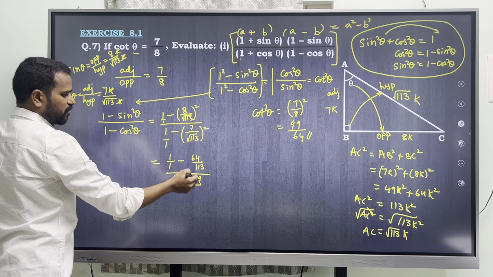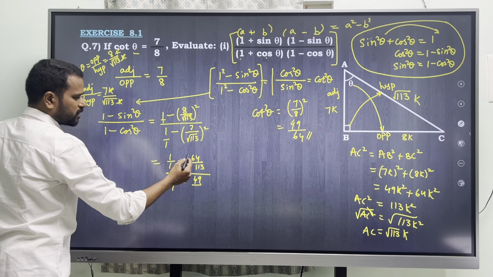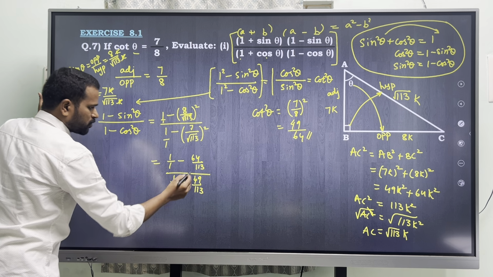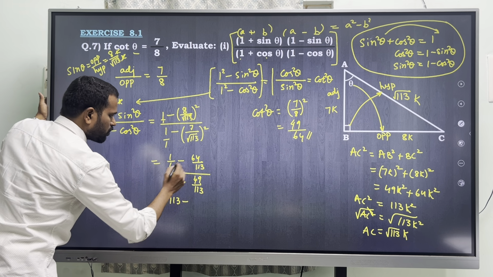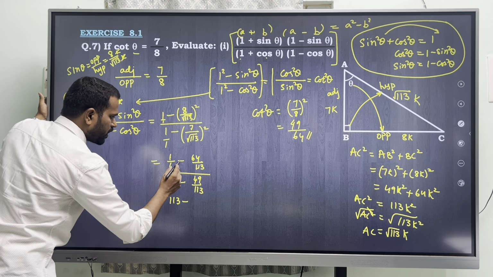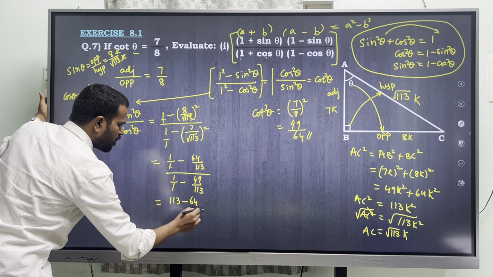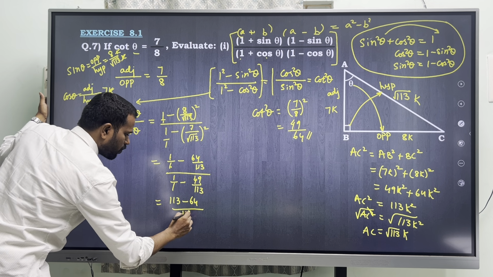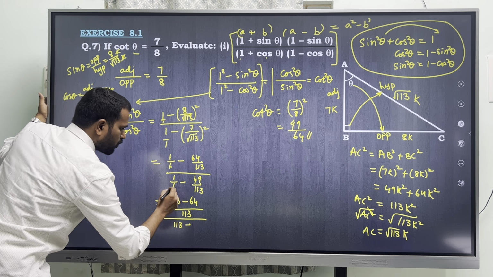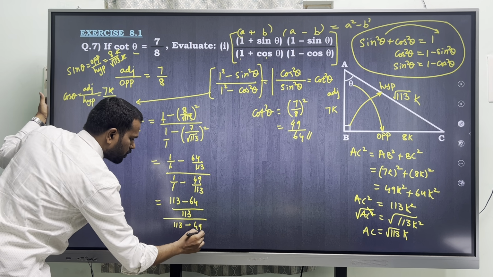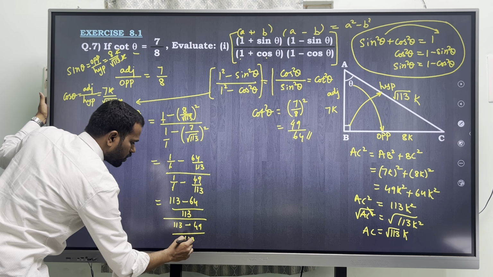Here also 7 sevens are 49, root of 113 square is 113. So this becomes 113 minus 64 upon 113, by 113 minus 49 upon 113.